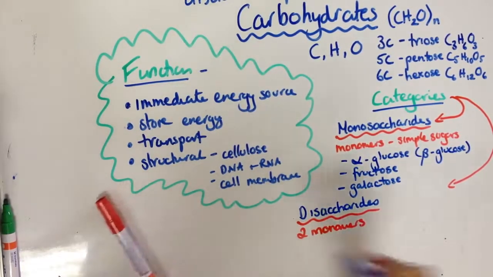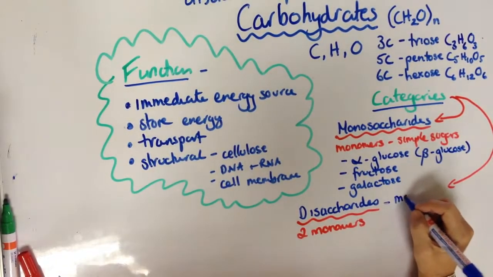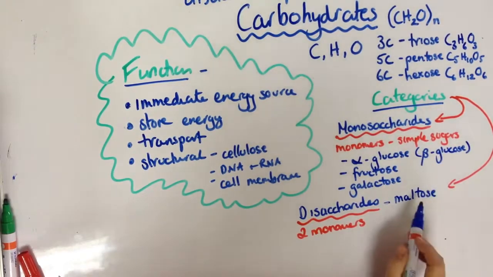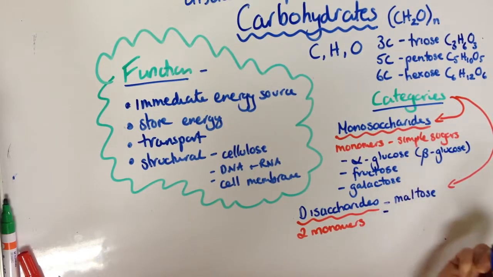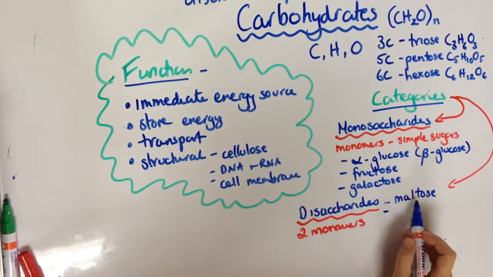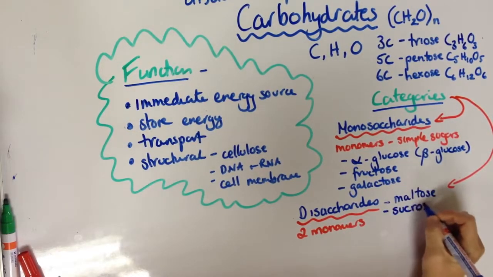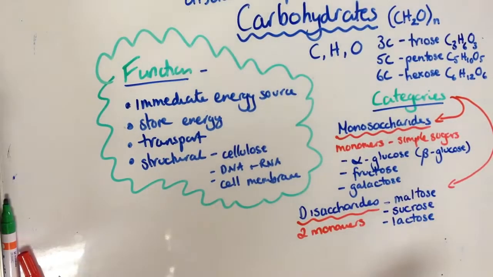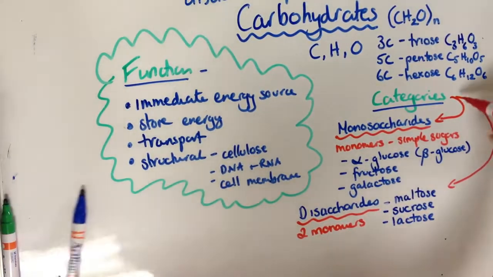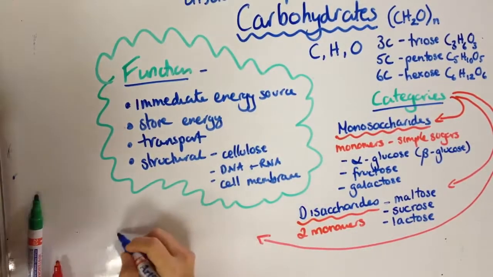For your specification, the ones you need to know about are maltose, and you'll remember maltose from GCSE in your digestion. You'll be able to work out what the monomers that make it are if you remember your digestion. Maltose, sucrose, and lactose.